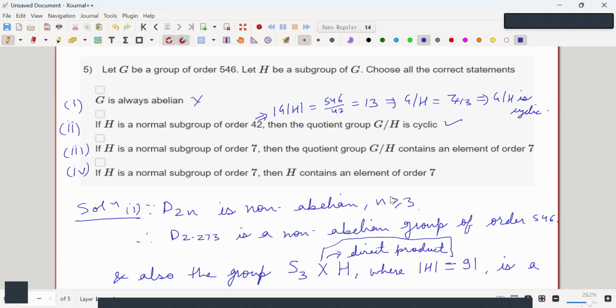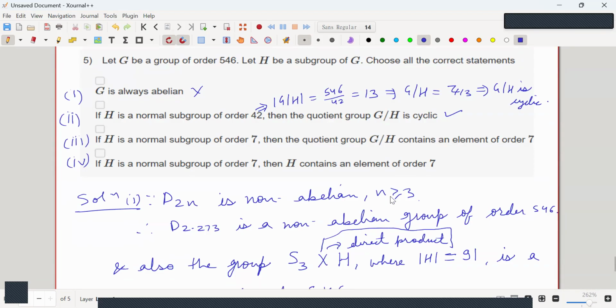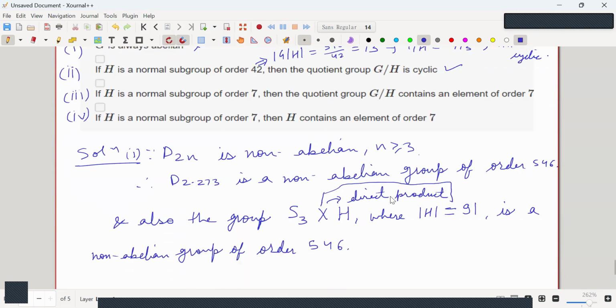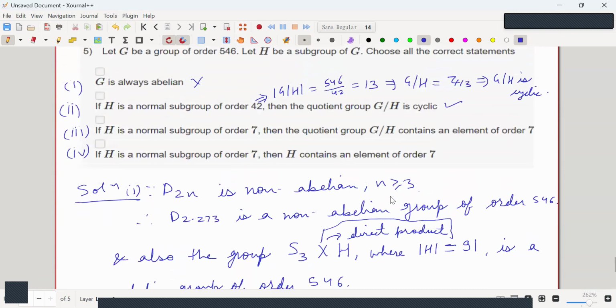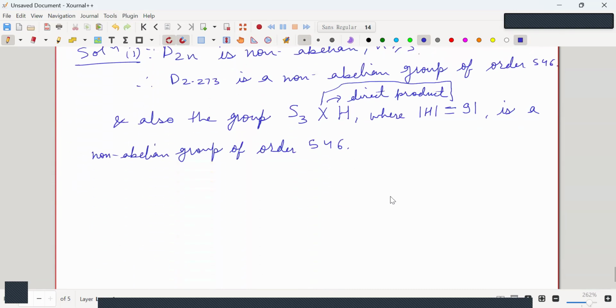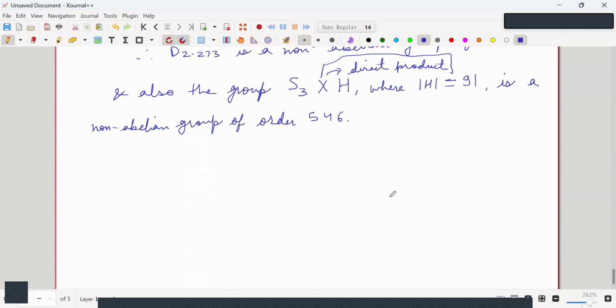Can it have a group element of order 7? Just stick to the basics.